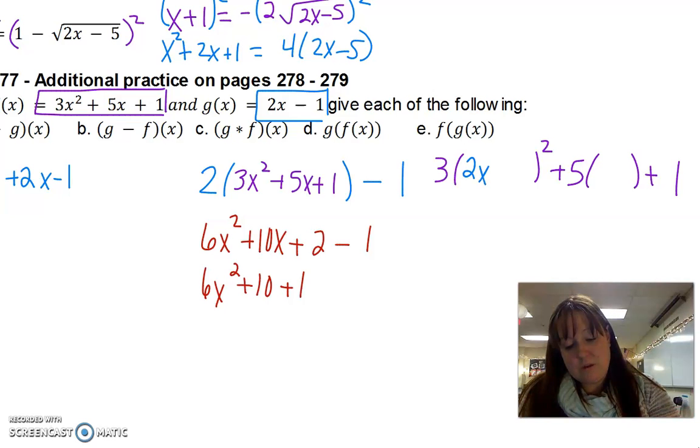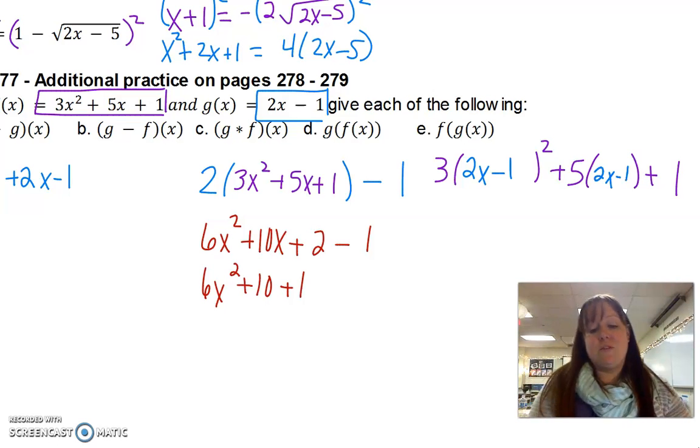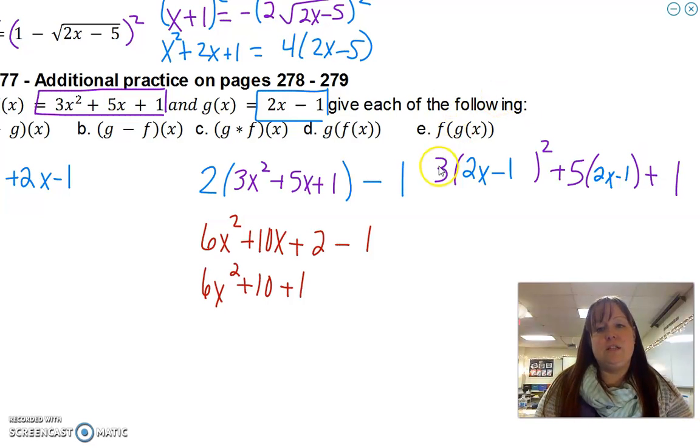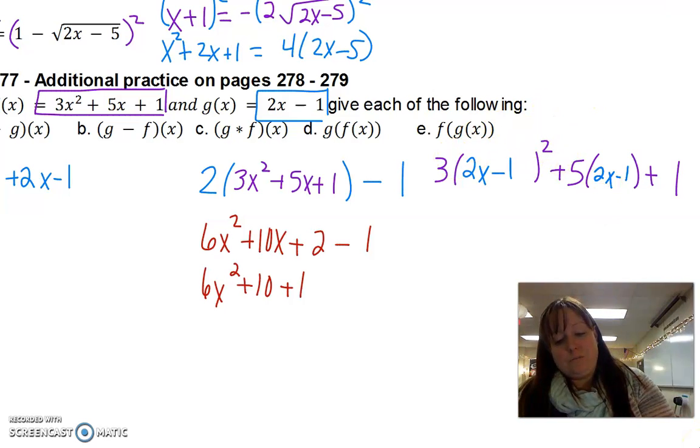So it's 2x minus 1 and 2x minus 1. Okay, so now remember, this is what you're going to want to do. Don't do it. You're going to take this 3 and you're going to want to distribute it. But remember, exponents take priority, right? Exponents happen before we multiply. So you can't do this multiplication until you've taken care of that exponent.